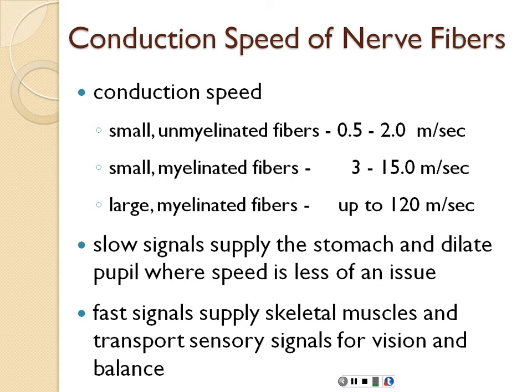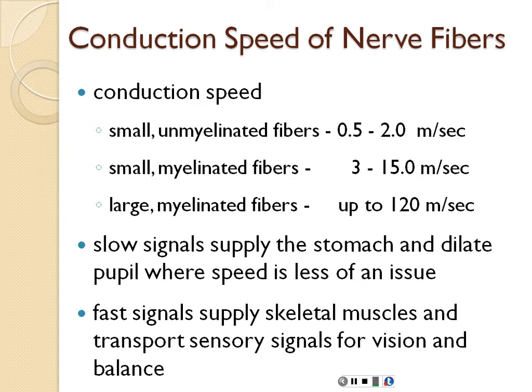Okay? So where do we have these different types of neurons? So those small unmyelinated fibers transmit slower signals, but these neurons are found in areas where the signal doesn't have to be rapid, right? Supply the stomach and dilate the pupils. So if you think of someone's pupils constricting or dilating, you can look at someone, put a light in their eye, and you can see what's happening.